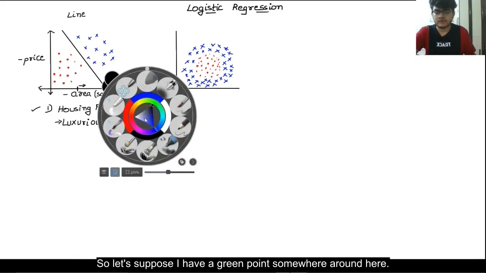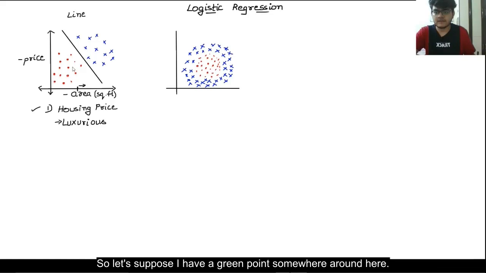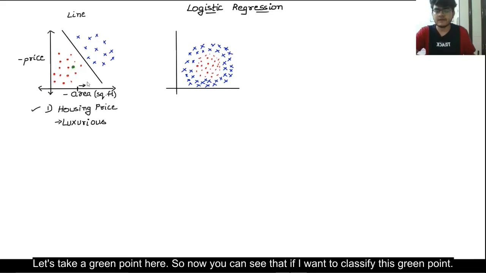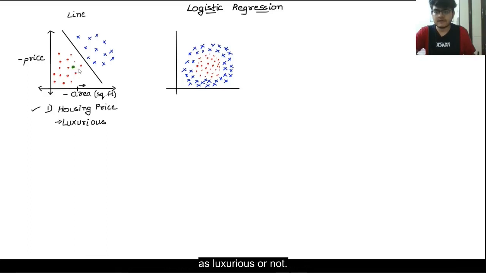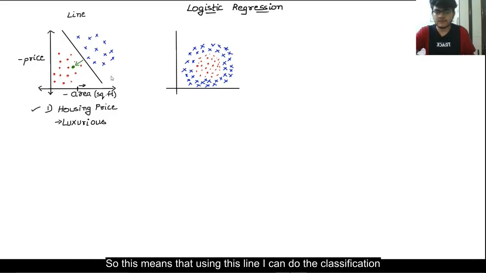Let's suppose I have a green point somewhere around here. If I want to classify this green point as luxurious or not, I can make use of this line. If the point is on this side of the line, it means that it is not luxurious, and similarly I can do it for the other class also.